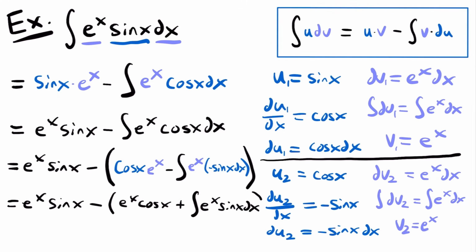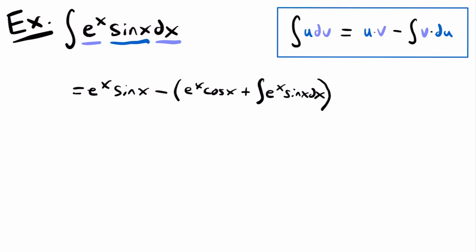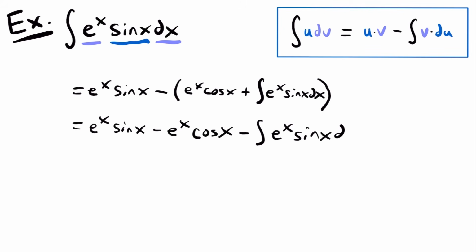And then don't forget to close that because we need to distribute this negative to both terms yet. And so if I clean up my work here, let's distribute that negative. We'll have that this is equal to e to the power of x times sine x minus e to the power of x times cosine x. And then that negative will make this integral negative, so we'll have minus the integral of e to the power of x times sine x dx.